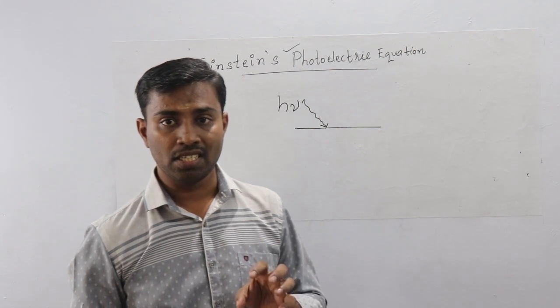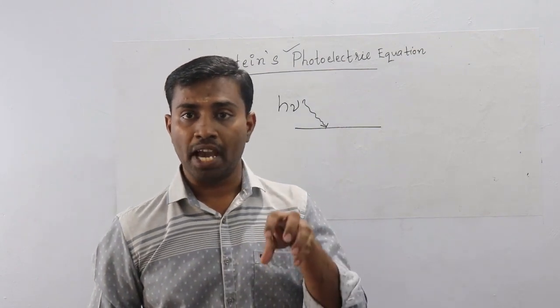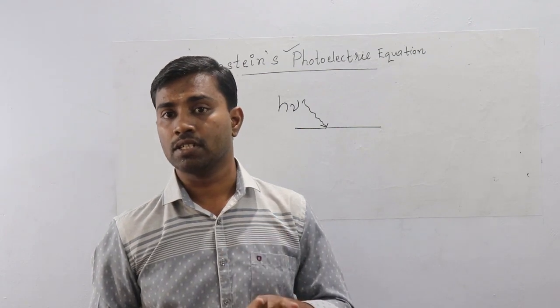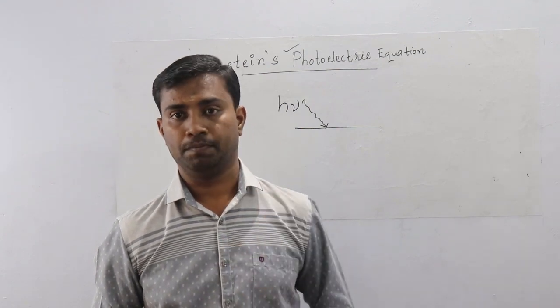Work function is the minimum energy required to remove an electron from the metal surface.